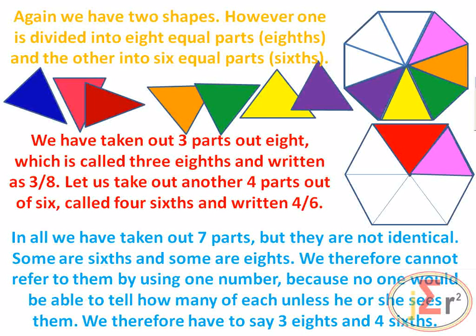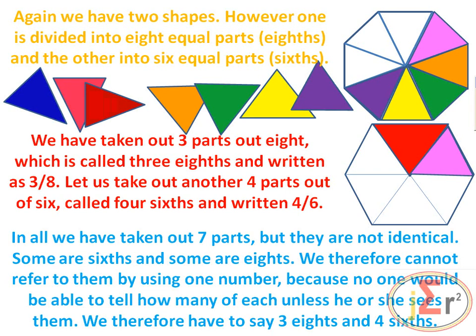That is why when we are adding fractions, we may go straight ahead and add them if they have the same denominator. That means the whole is divided into the same number of equal parts. Then we may add them as we did on the previous slide, where we add 3 eighths to 4 eighths and we ended up with 7 eighths.